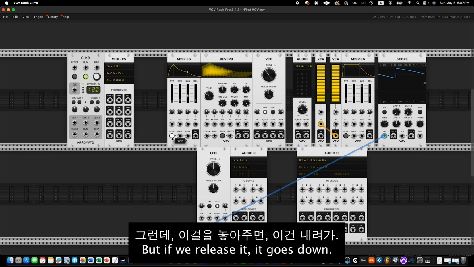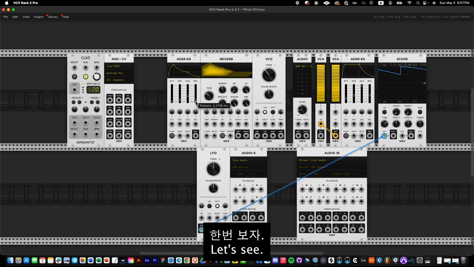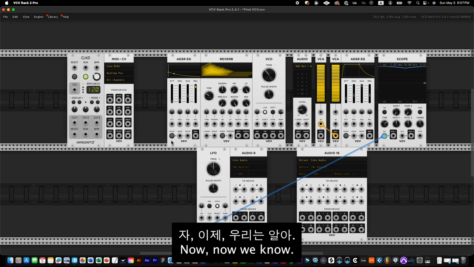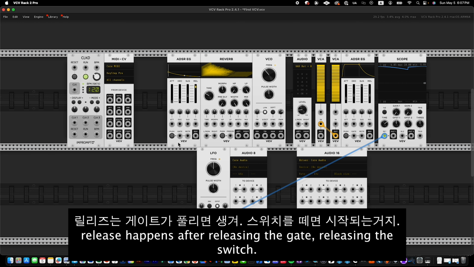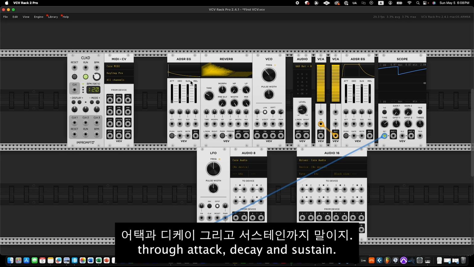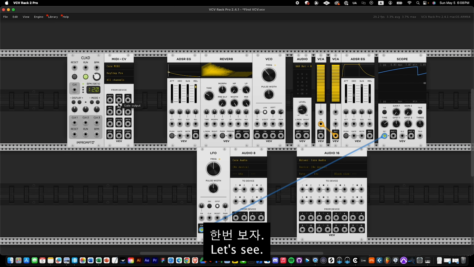But if we release it, it goes down. We know release happens after releasing the gate, releasing the switch. So the gate information is on and off through attack, decay, and sustain, not release.